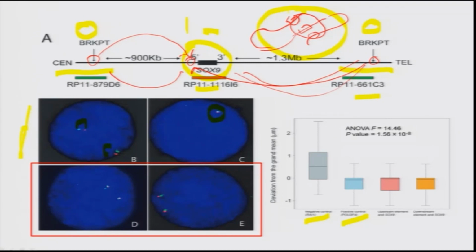The distance between these two segments is about 1 megabase, but they loop out to form a structure wherein these two elements come together. Now, they tested whether the same is true for this case where SOX9 has the breakpoint here and here affecting certain elements, and that is what is shown here.